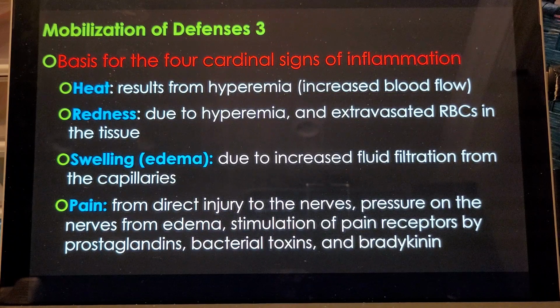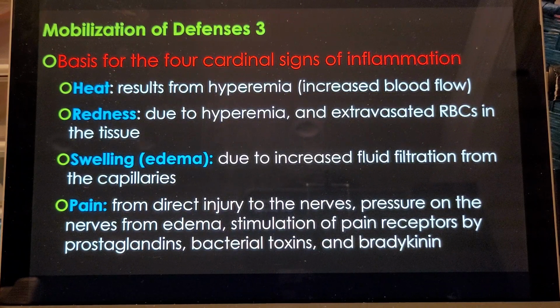That's that heat. Redness, same thing, increased blood flow, so hyperemia, due to the red blood cells as the extra blood goes to that area. Next one is swelling. Extra blood to that area, extra fluid pushed out into the tissue, so you have what's called edema, just excess fluid in that area.